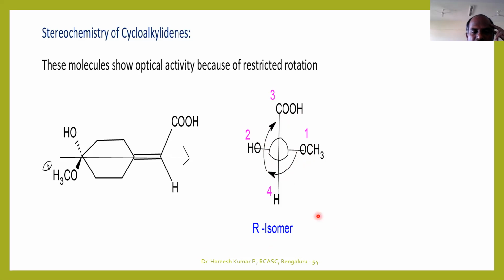So you can also assign R and S configuration to the cycloalkylidene, and these molecules show optical activity because of restricted rotation. That means here there is a restriction.